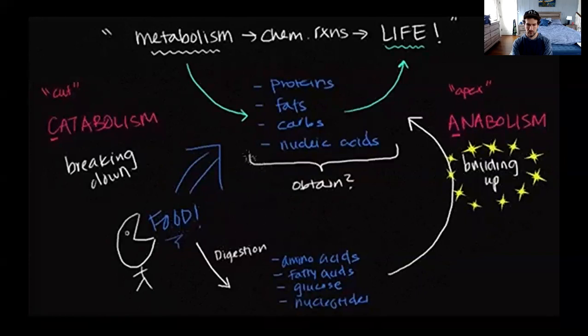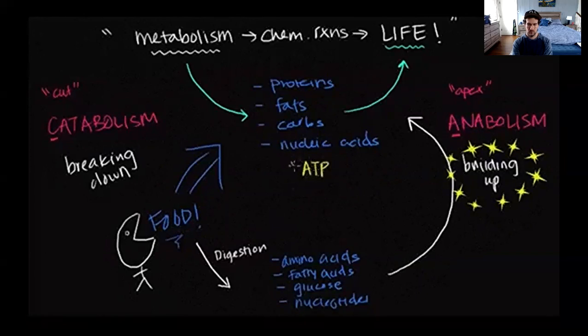So first, recall that the energy currency of the cell, and I'm going to go ahead and erase this just to give us some more space, the energy currency of our bodies is a molecule called ATP, or adenosine triphosphate.